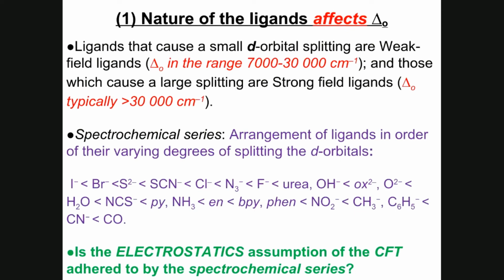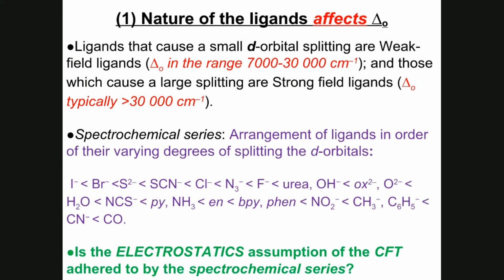There's pyridine, ammonia, ethylenediamine, bipyridine, phenol, the nitro group, methanide, and the phenolide group over there. You can see it's C6, that's a benzene ring, which is anionic, if you like. And you've got the cyanide, and at the top you've got a neutral molecule, CO, carbon monoxide.